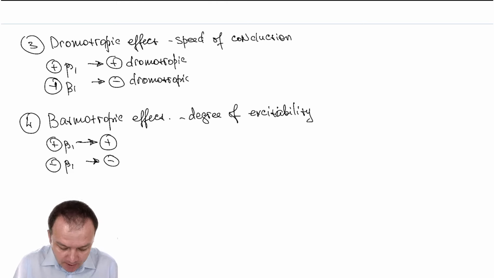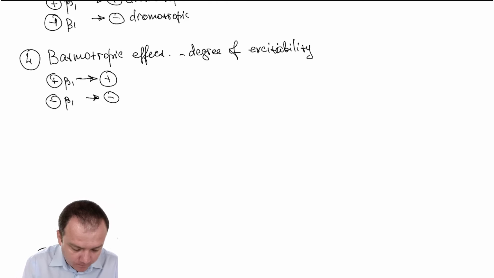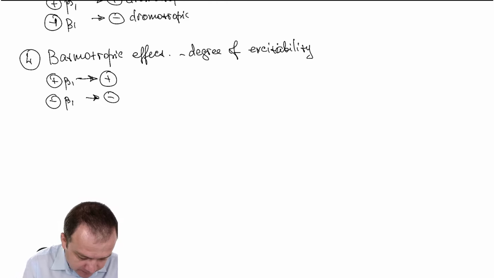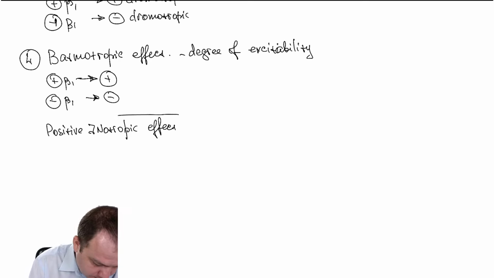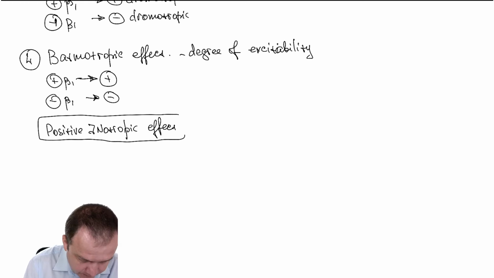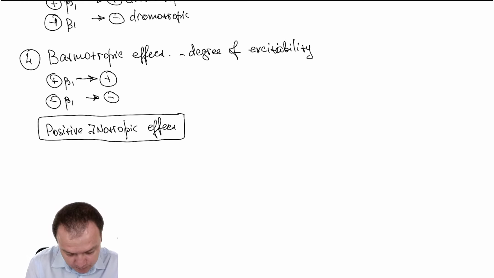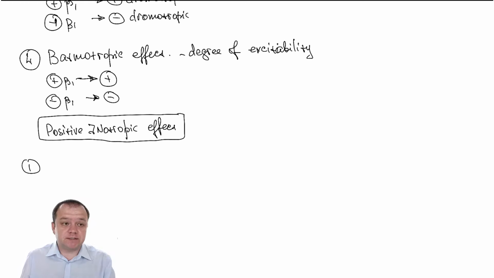So how can we modulate inotropic effect and how can we produce positive inotropic effect in the heart? First, we can administer cardiac glycosides.